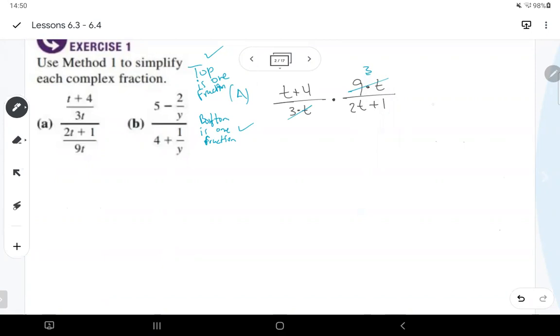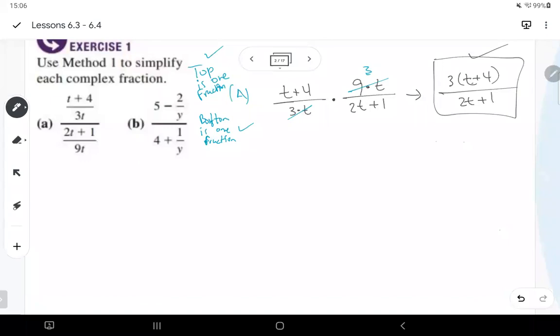So you will have a final answer of 3t plus 4 over 2t plus 1. And you can't do anything else. If you wanted to distribute, you could, or you can leave it like that. I would leave it like that.